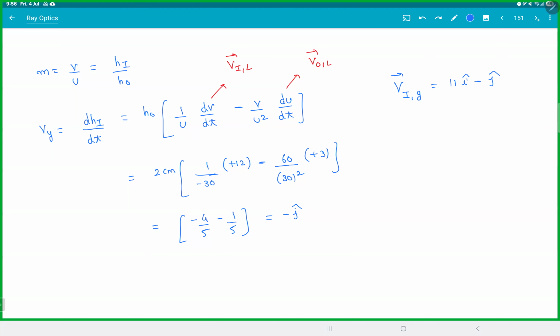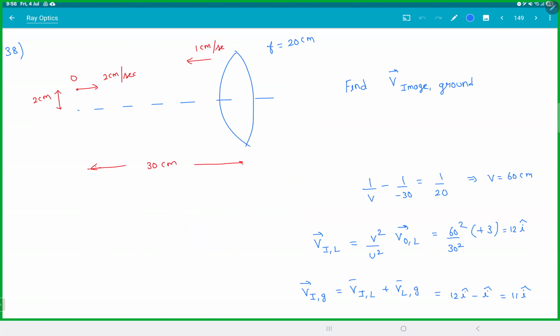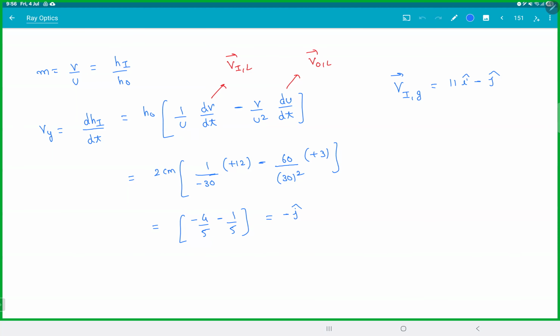Any doubts on this? This is how you do it if everything is moving: the lens is moving, the object is above the principal axis. Shouldn't we multiply 2 with minus 1 by 5? Didn't I do that? Just send 2 inside. I had to do that.